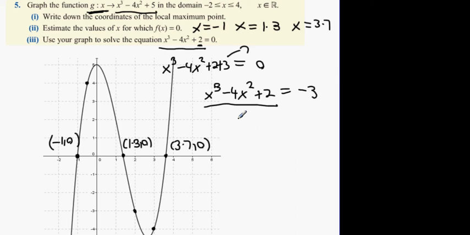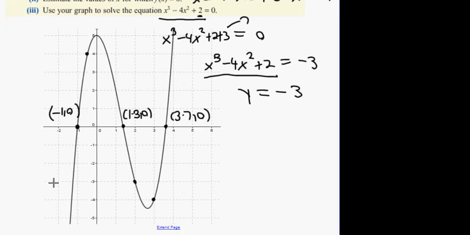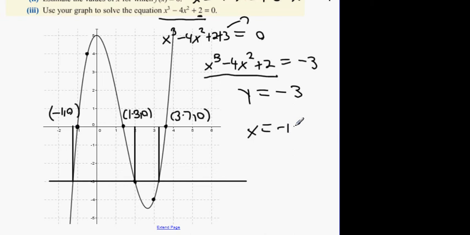So the output of the function must equal minus 3. Where does the output of the function equal minus 3? You go to minus 3, you go straight across, and you come back up again. What are the x values? So the x values are minus 1.2. The other one is 2.